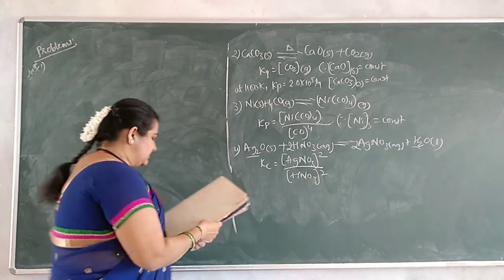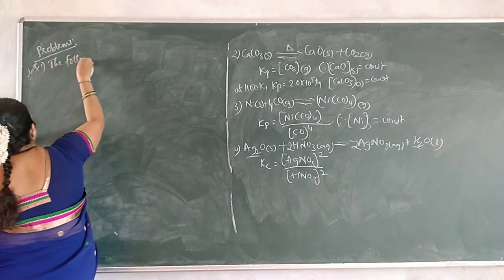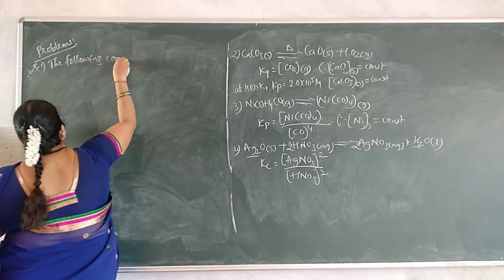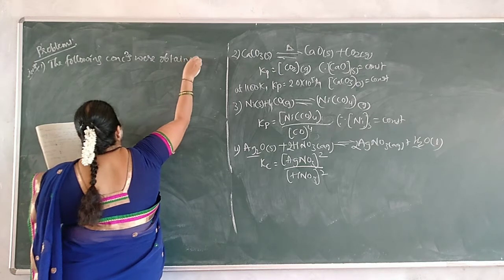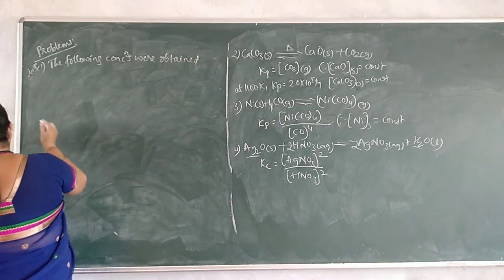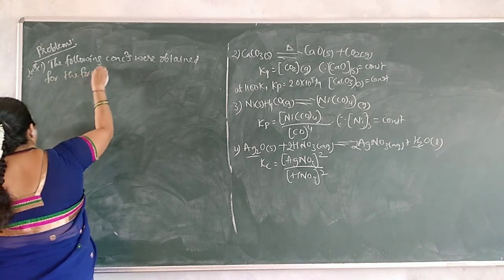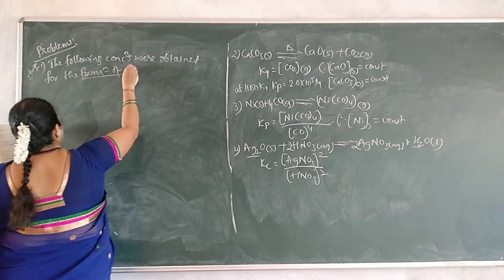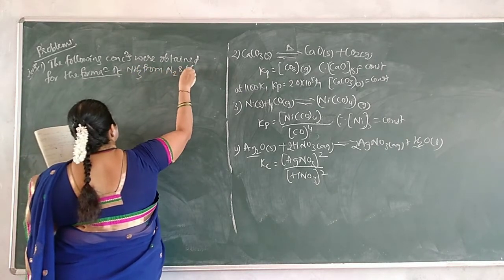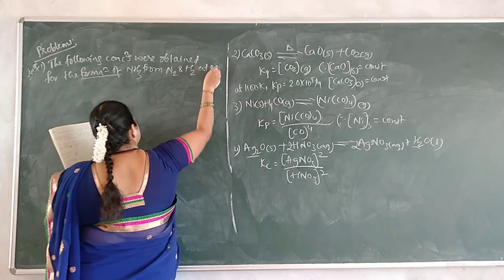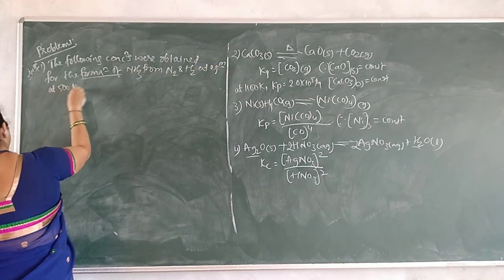The following concentrations were obtained for the formation of NH3 from N2 and H2 at equilibrium at the temperature of 500 Kelvin.